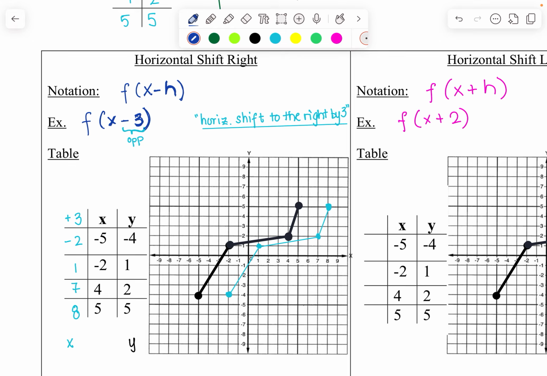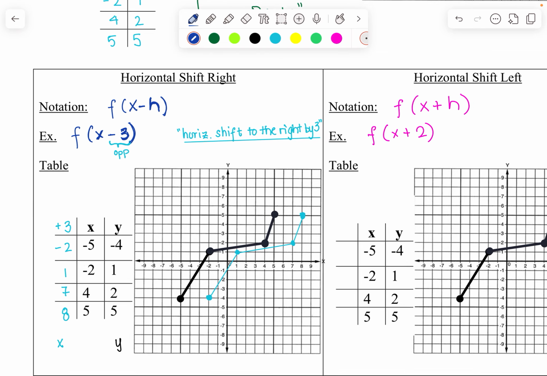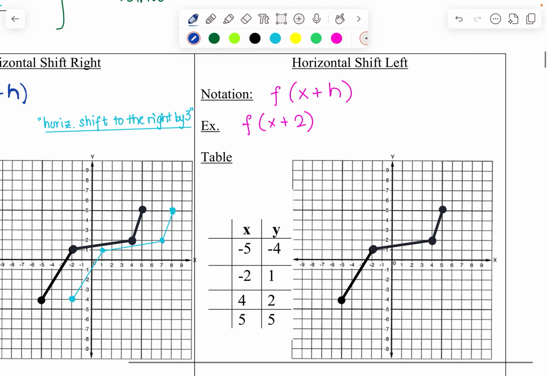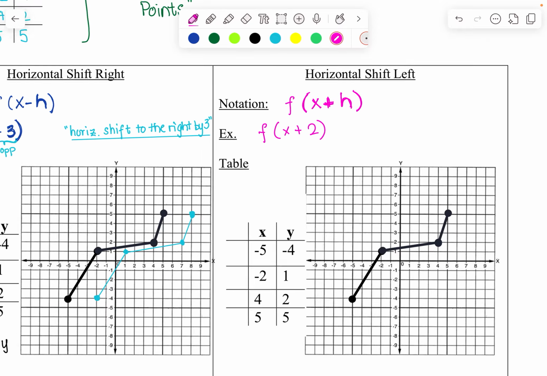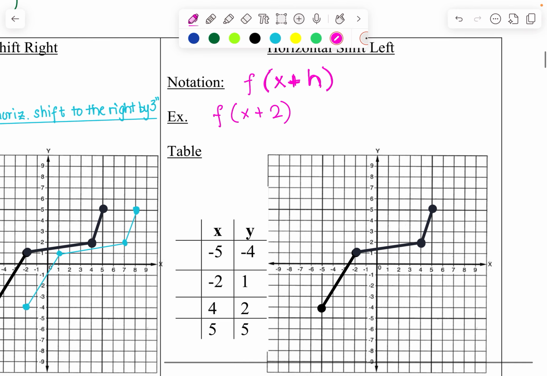Let's go ahead and examine a horizontal shift in the other direction, to the left. Here we have f of x plus h. Notice the sign difference. This is now a plus h. The specific example we're using is f of x plus 2.